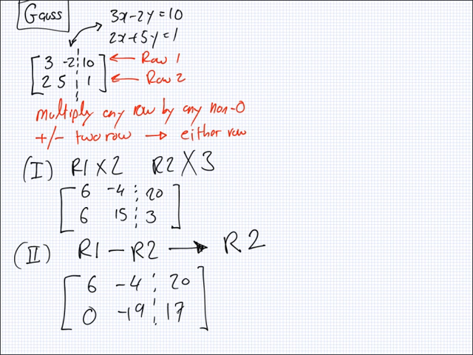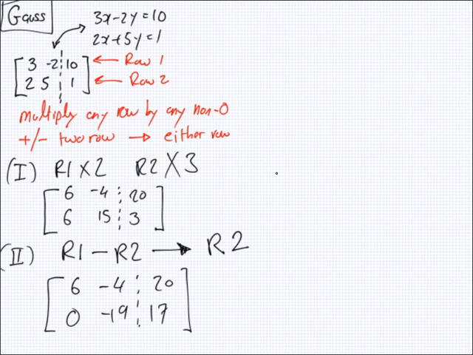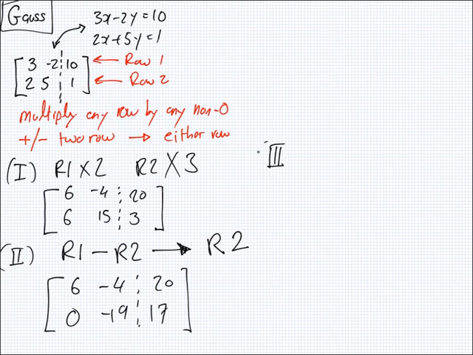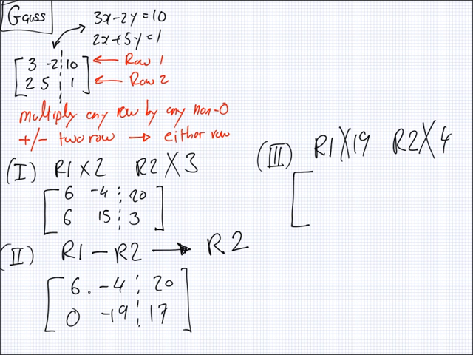Now, what I'll do next, I'll do row 1 times 19 and row 2 times 4. So I'll need your help with the calculator, please. 6 times 19. 114. And then 4 times 19, 76. Minus 76. And then 304.